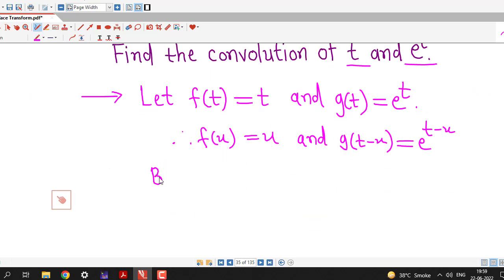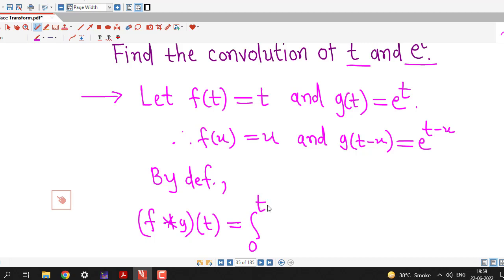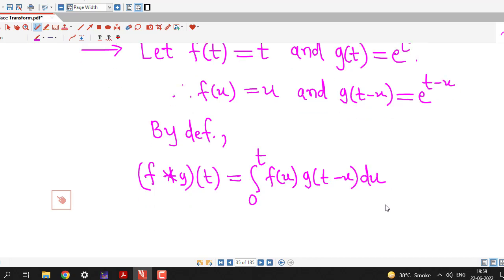Now we apply the definition. By definition, the convolution of f and g, which is also a function of t, equals the integral from 0 to t of f of u g of t minus u with respect to u. f of u is u and g of t minus u is e raised to t minus u.